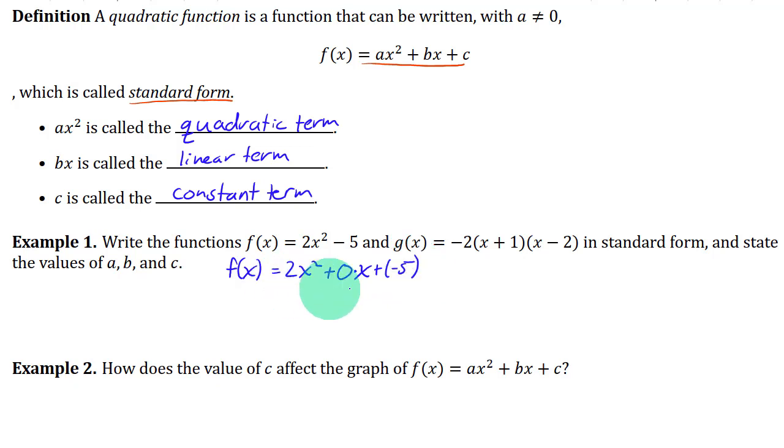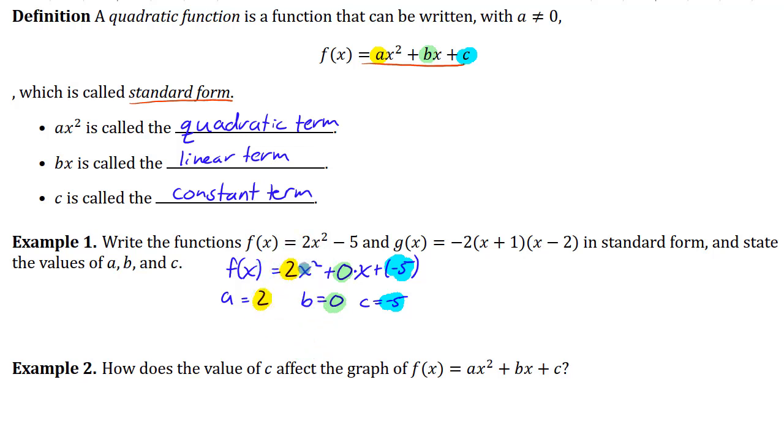So this is now written exactly in standard form so that you can see that a is 2. That's what you have multiplied by the x squared part, the quadratic coefficient, you can call it. The b part here is 0. And the c, in this case, is negative 5. All right, so those are the values of a, b, and c that go with this one.